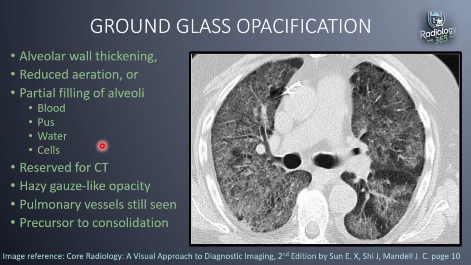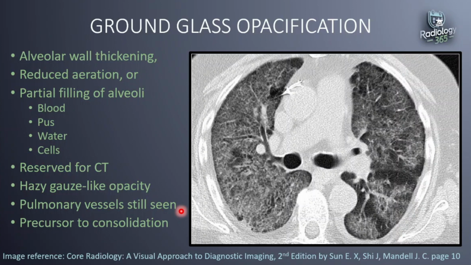Now, the term ground glass opacification is reserved for CT, not radiographs. We shouldn't use the word ground glass opacification on radiograph, but on CT you can use the word ground glass opacification, and what you see is a hazy gauze-like opacity where the pulmonary vessels are still seen within the opacity, unlike consolidation where the pulmonary vasculature is obscured.